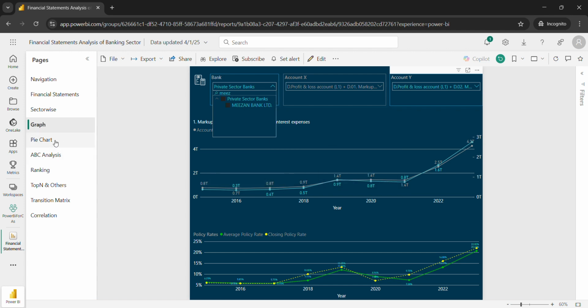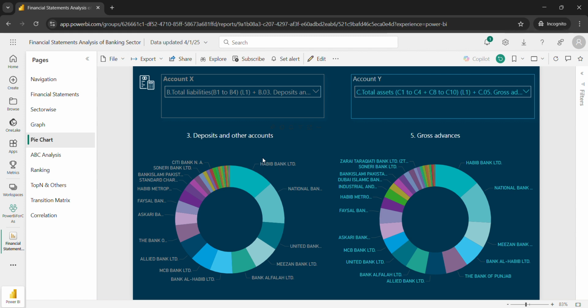So for that we need a pie chart. We're performing the same analysis, one with deposits and other accounts and the gross advances. We noted that Nizam Bank has a 7.7% share of deposits of the entire industry in 2023.